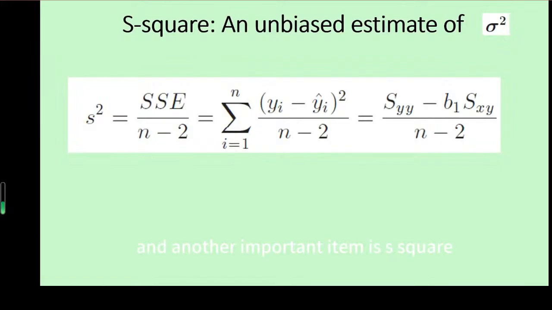Another important item is s squared, which is the SSE divided by n minus 2. This term is an unbiased estimate of the real variance of epsilon, sigma squared.